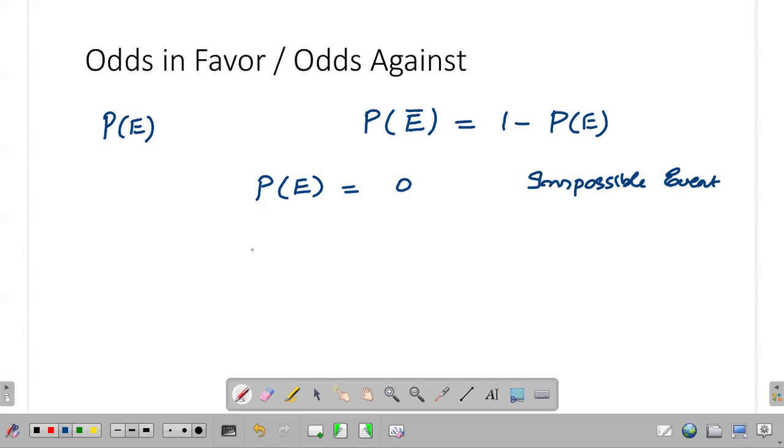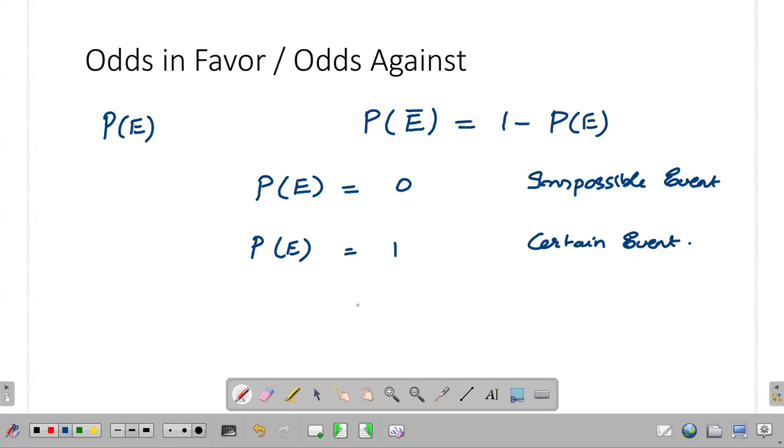In the same way, if an event is certain, it is definitely going to happen. For example, when I am rolling a dice, what is the probability that I see a 1 or a 2 or a 3 or a 4 or a 5 or a 6? I will say that the probability of that defined event is equal to 1. And if that is the case, I will say it is a certain event, because that is definitely going to happen.